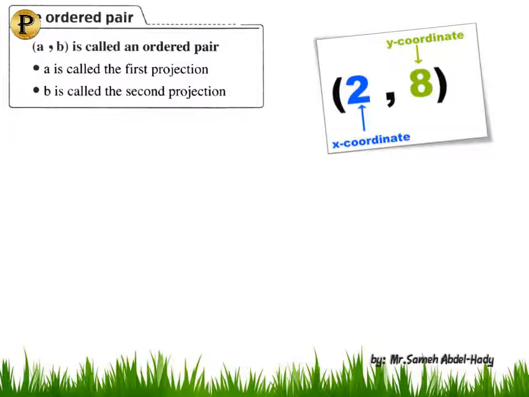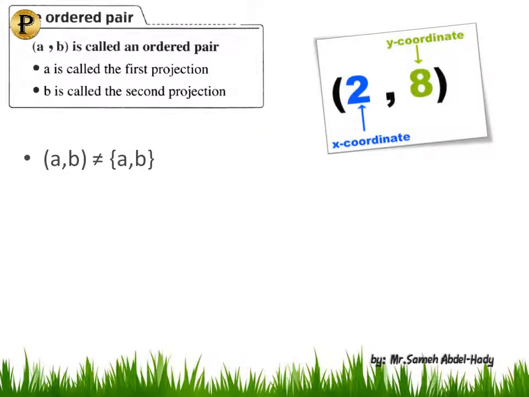And the word projection equals coordinate. So we can say (2, 8): 2 is the x coordinate and 8 is the y coordinate.